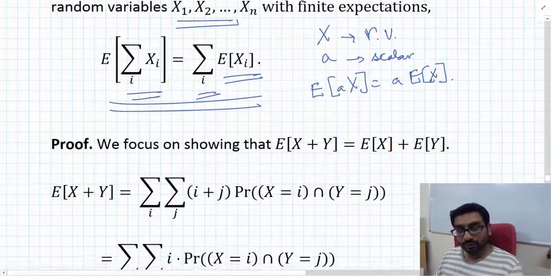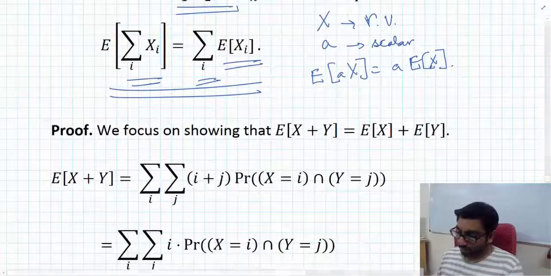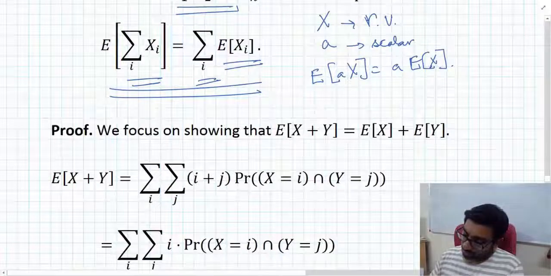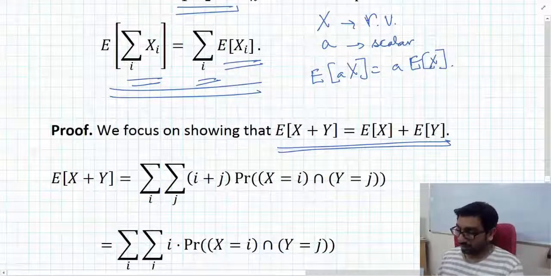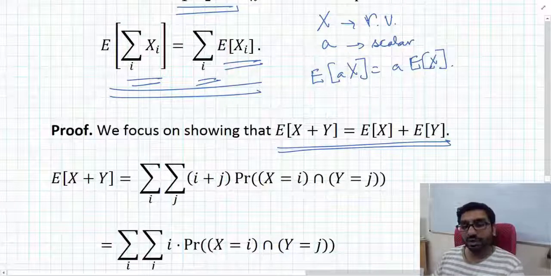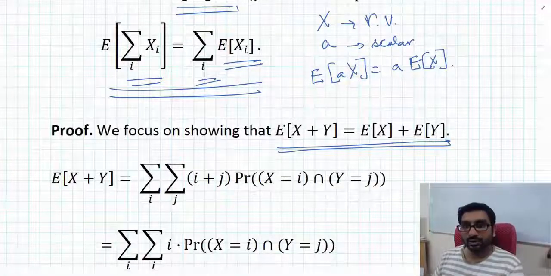And so let's try to prove this form. Let's focus on proving this particular form where there are just two random variables, X and Y. We want to prove that E of X plus Y equals E of X plus E of Y.